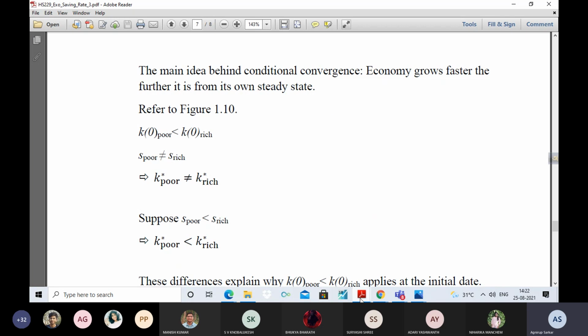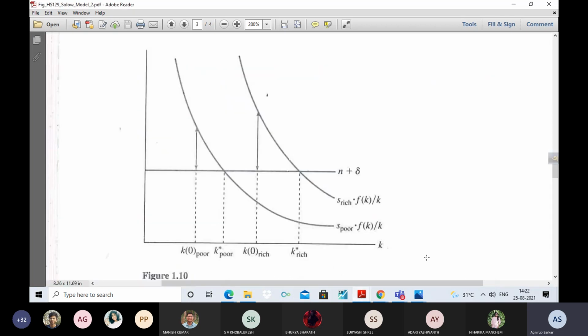Suppose, let me show you a figure, it will be easier. Figure 1.10 in Barro and Sala-i-Martin basically illustrates the concept of conditional convergence. What it does is it considers two economies that differ in only two respects, right?